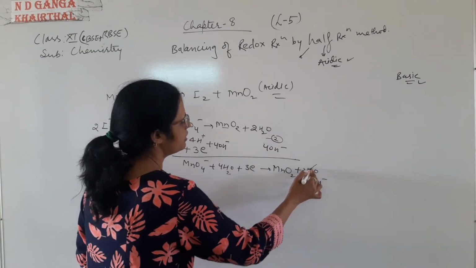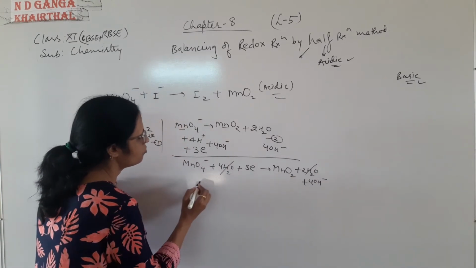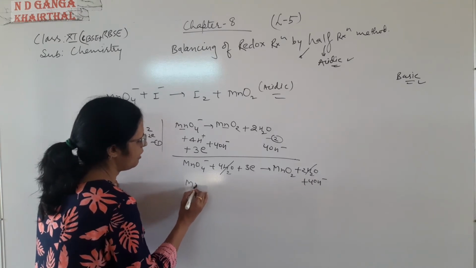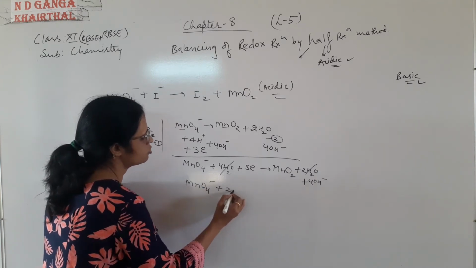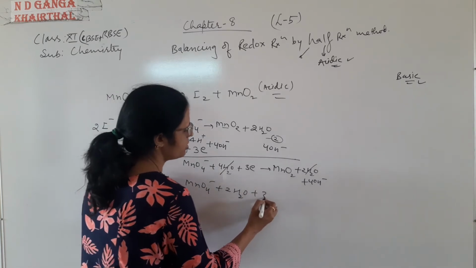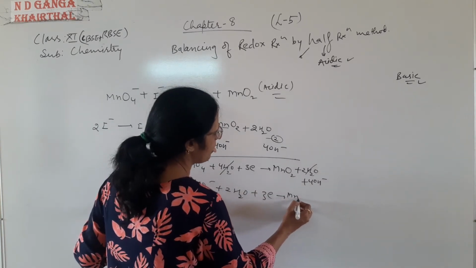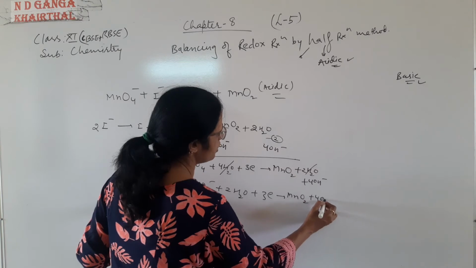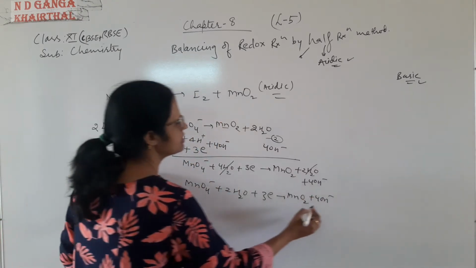So it is cancelled out with 4H2O. We get MnO4 negative plus 2H2O plus 3 electrons equals MnO2 plus 4 OH minus. So this reaction is the second reaction.